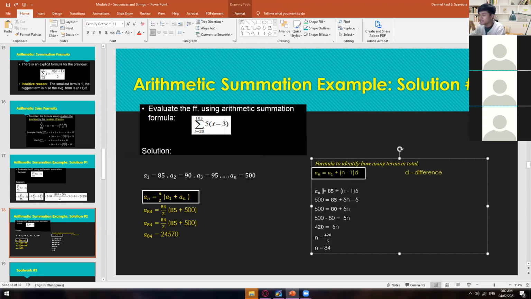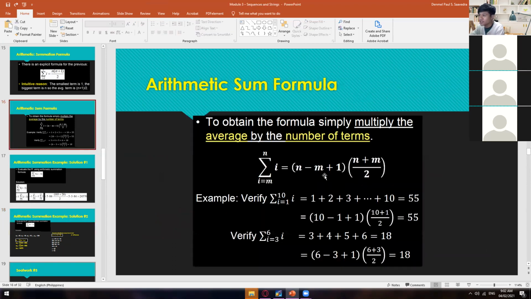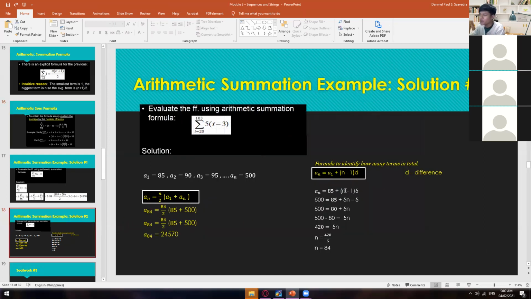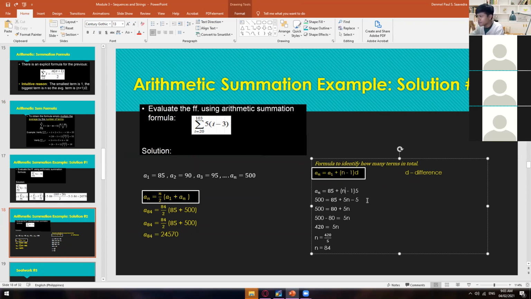But as you can see, if you're going to get the total terms for this one, you can actually use this one, n minus n plus 1, which is just the same. Anyway, since it's already in here, we will use this formula for us to be able to identify the total terms of this given number.